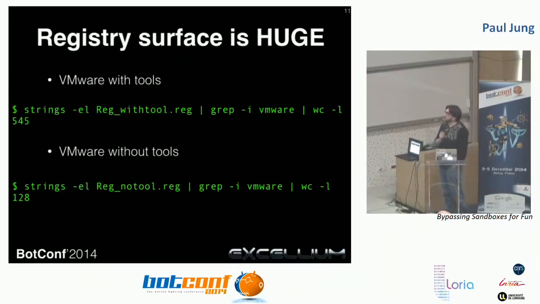If you install the VMware tools, you have, for example, here 500 keys with VMware inside. And if you don't install the tools, you still have a lot of strings with VMware inside. So, from a malware point of view, it's a good thing to seek the string VMware in the registry.